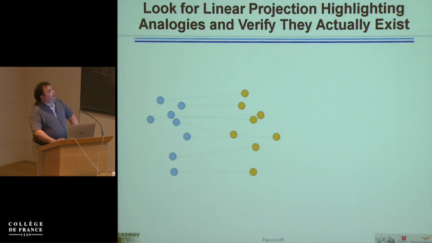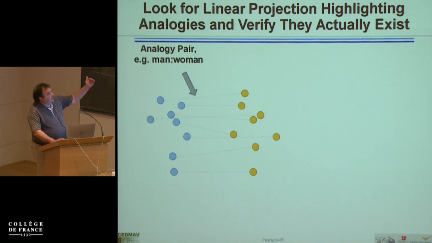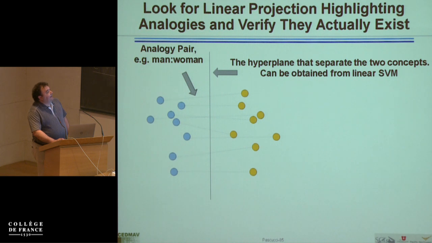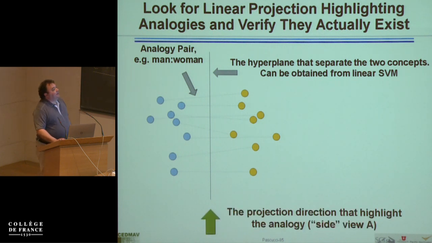So here we look at, again, it's a high-dimensional problem. You have a set of points. If you think about the direction from the left to the right to be the analogy, then you can, with some techniques like SVM, build the plane that separates your clusters. And now you can think about, okay, I have a bundle of vectors.